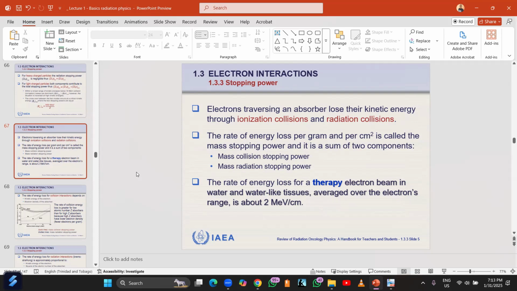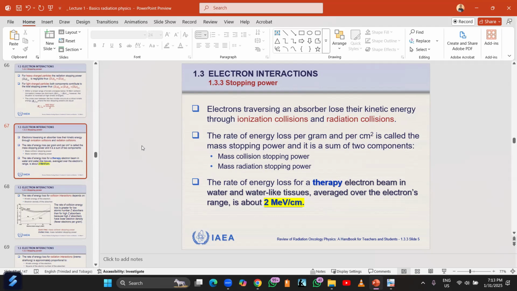The energy lost by an electron is about 2 MeV per centimeter. This is very important. An electron loses a considerable amount of energy, which is why it does not travel deep into tissue. So electrons are mostly used for surface-level tumors like skin cancer, or superficial tumors under the skin. If you want to treat something deep-rooted, you have to use photons, which are more suited for deep-seated tumors.